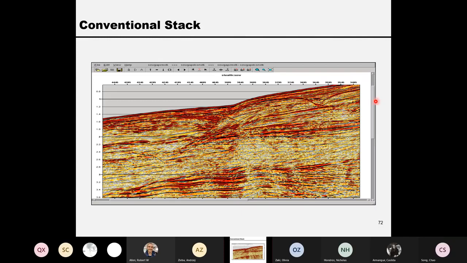Here it is slightly complicated, but you can just do the simple calculation. For example, at this point, your water bottom is almost 0.8 second, slightly higher than 0.8 second, right? So the multiple will be like 1.5 or 1.6. So the multiple will be 1.6 here, something here, okay?